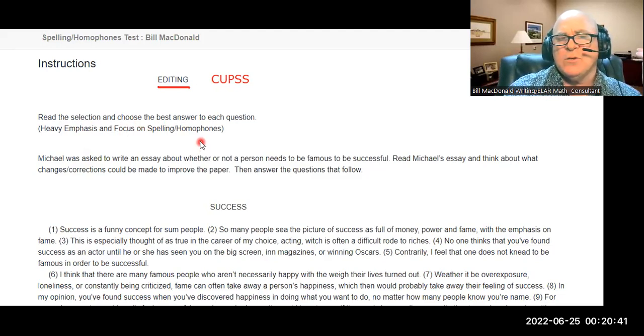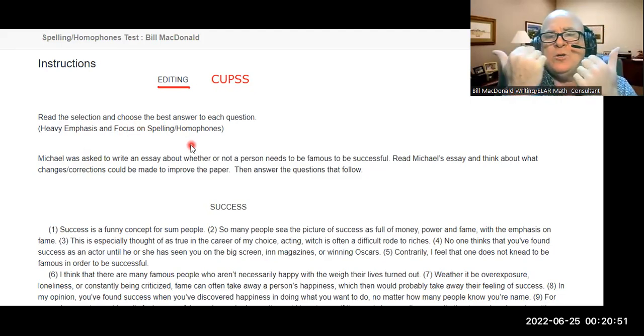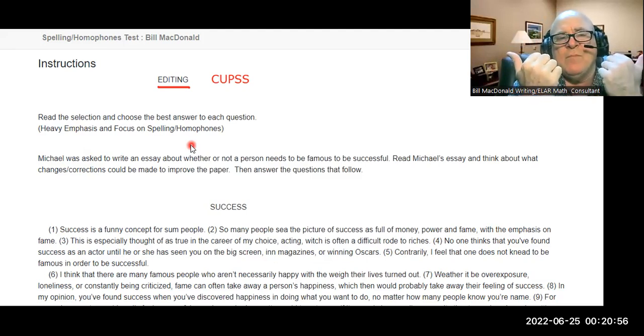Your kids who are struggling readers need to focus just on the sentences that are being asked about, and perhaps the sentence before, doing Michael Jackson's Moonwalk, or the sentence after, doing Michael J. Fox's Back to the Future.